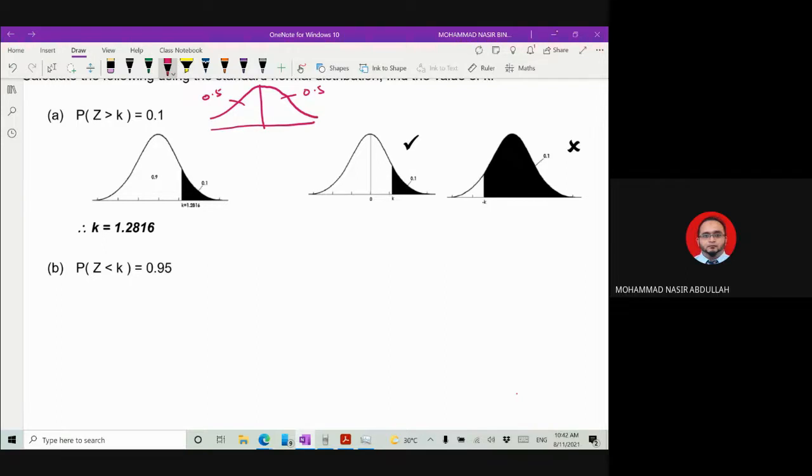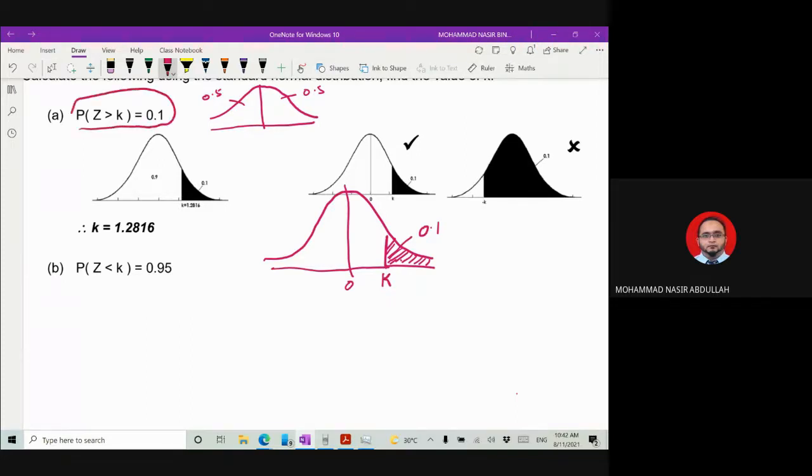If you want to find probability of Z more than K, more than K is 0.1, means that the area to the right consists only 0.1 or 10% of the area in the probability distribution. This is the K. So the question here asks us to find the value of K. We want to know what is this value.